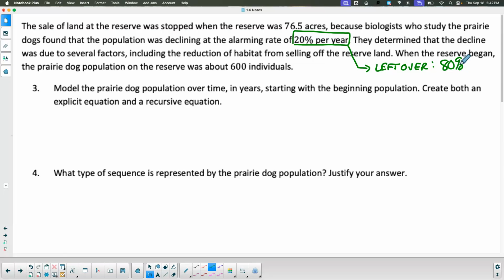Okay. Somebody want to tackle a recursive equation? Do we want to do it in next, or do we want to do it in f of n? f of n? Okay, let's do f of n. f of n is going to equal what? What are we multiplying by each time? 0.8?